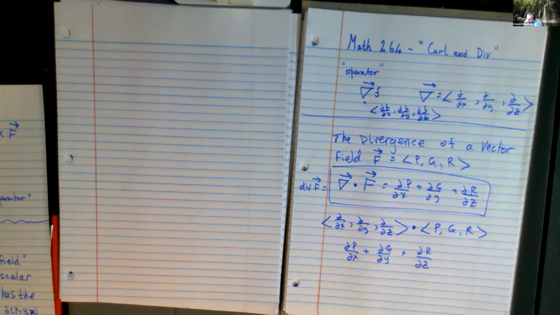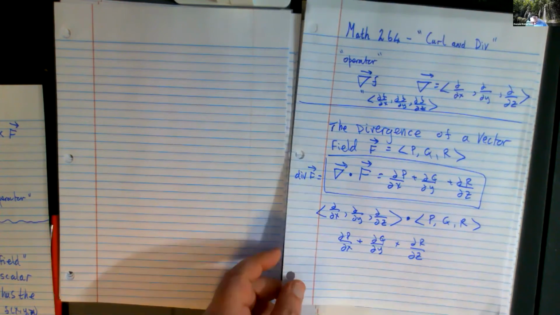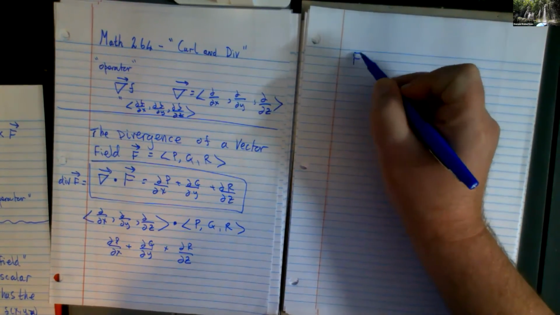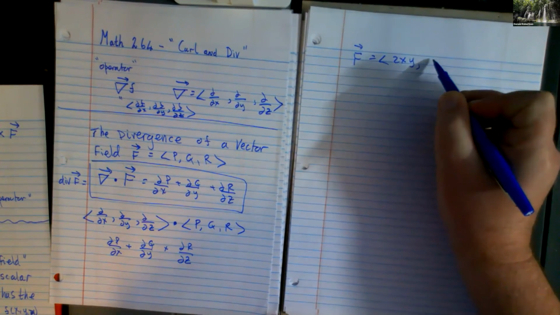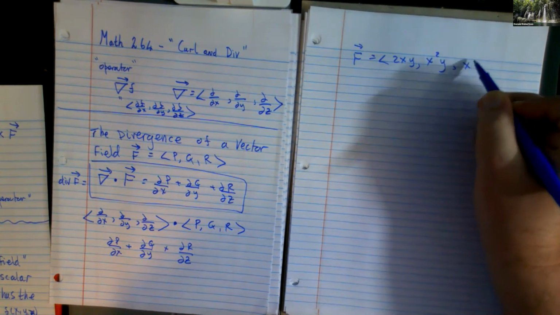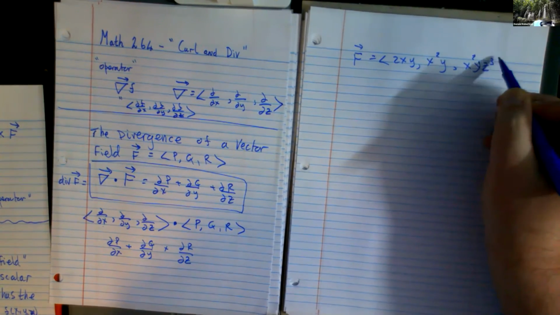Pretty easy thing to calculate, actually, considering how important it is to find it. I'll do an example. 2xy, x squared y, x squared y, z cubed.